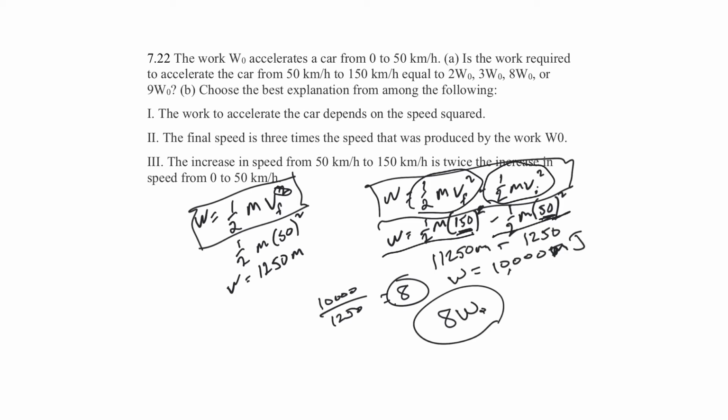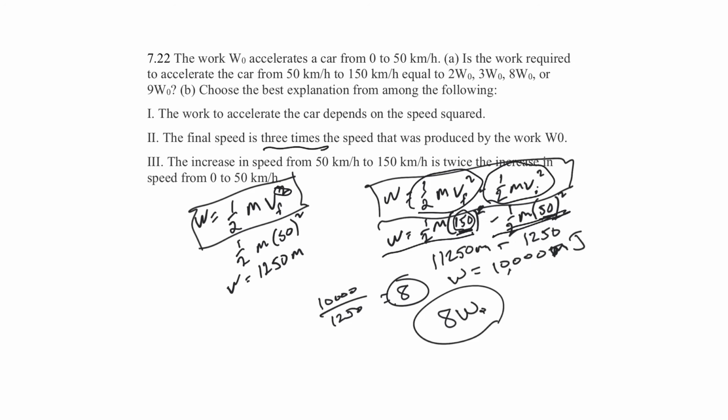That's the reason. The second speed is 3 times bigger, and then you subtract the original work, and you end up with the work being 8 times bigger. The final speed is 3 times, there's your 3, and since that 3 is squared, that's 9.